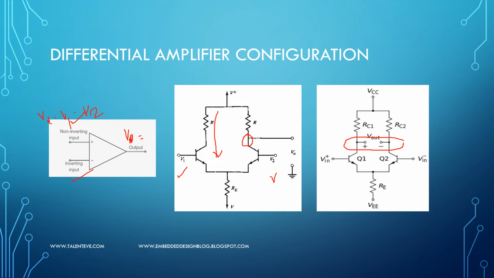For an NPN transistor we know that the base current required for it to be on is very less. So you can map this to this circuit and see why the op amp requires a low input current, or why we say that the input impedance of the op amp is high.